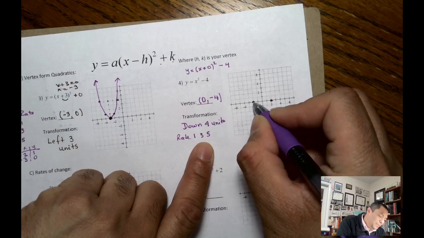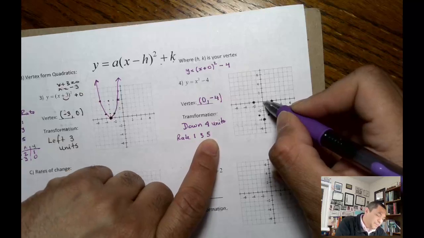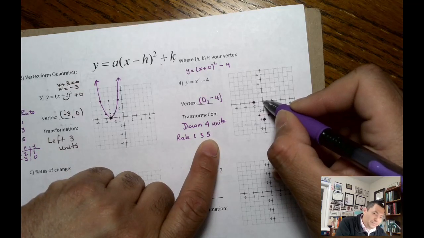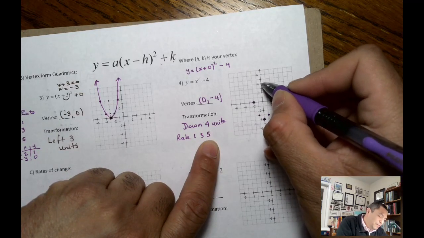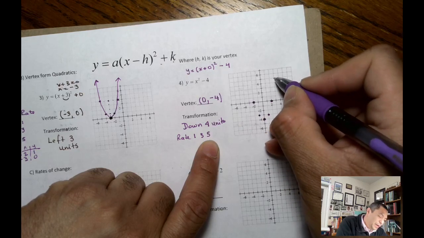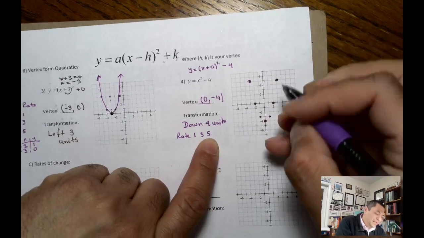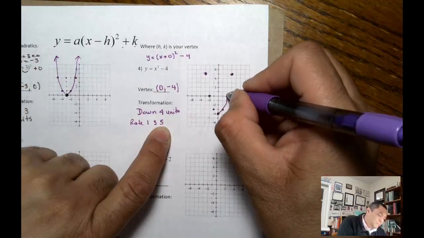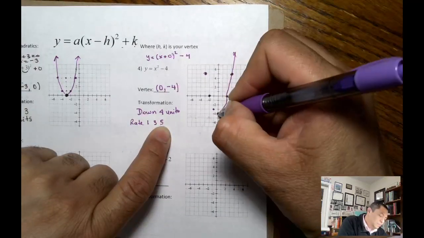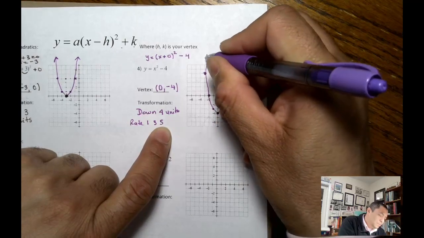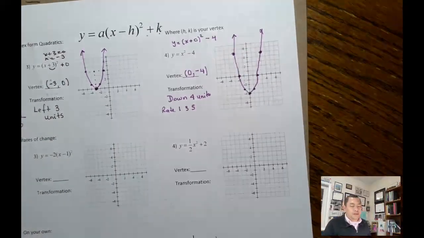Okay. Then I go 5. From this point here where I left, 1, 2, 3, 4, 5. And then you graph. And that's your problem.